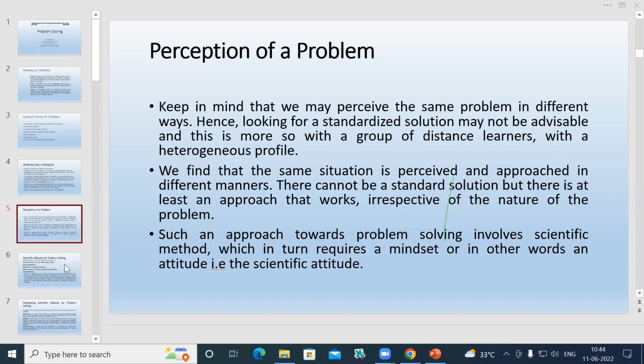Even in your own personal life situations, if you are having a problem, you find the root cause of the problem, then you try to solve it in a way which is scientific. So the nature of solving the problem involves the scientific method, so it is automatically involved in generating the solution of the problem. It is not apart from that.